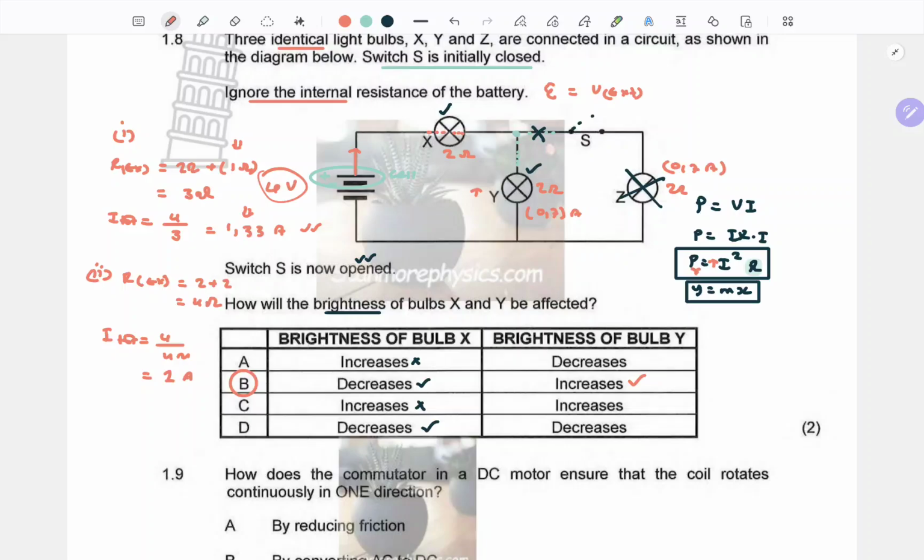But look at what happens now. It has increased from this to 1 ampere. Can you see? As I told you, as much as the total current will drop, it will not be less than the initial split when there was a parallel connection.